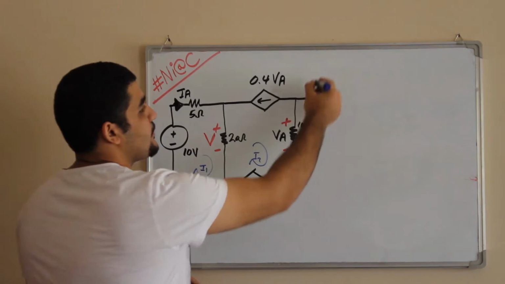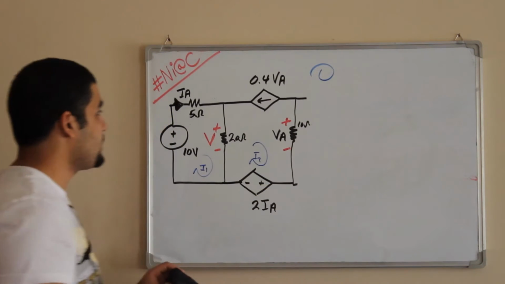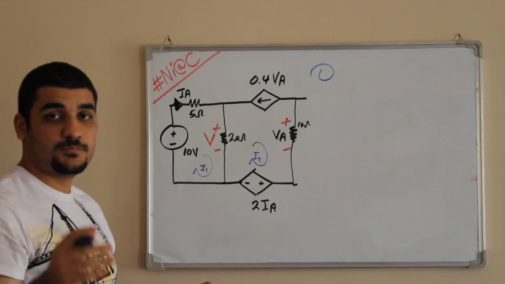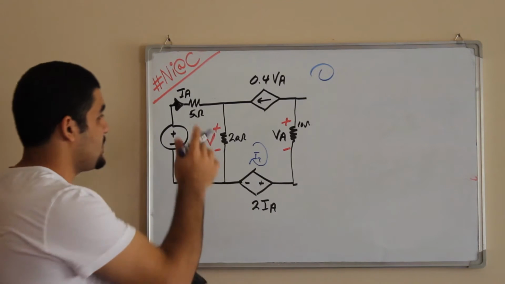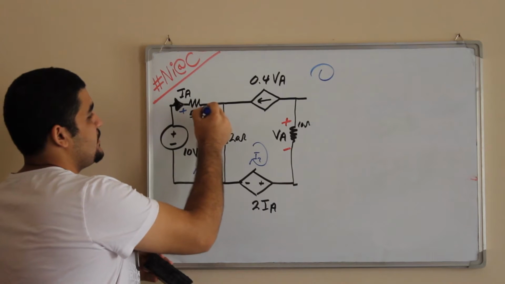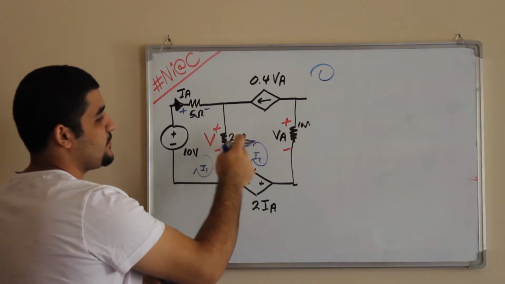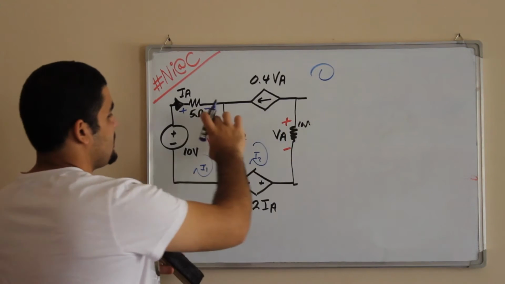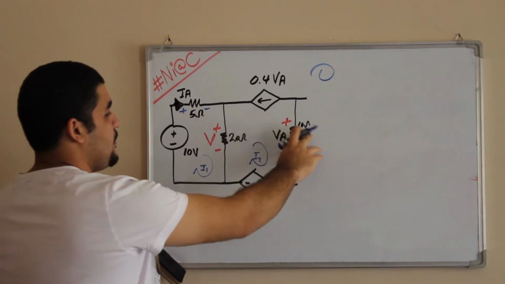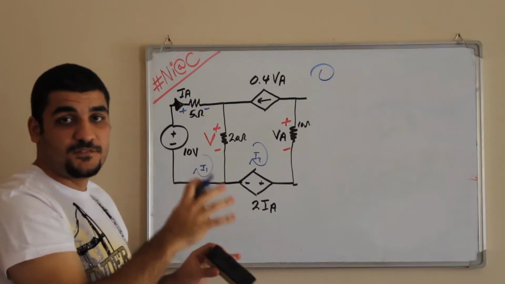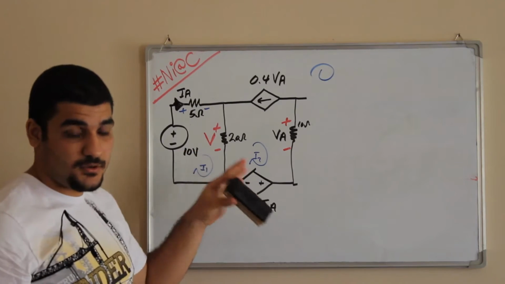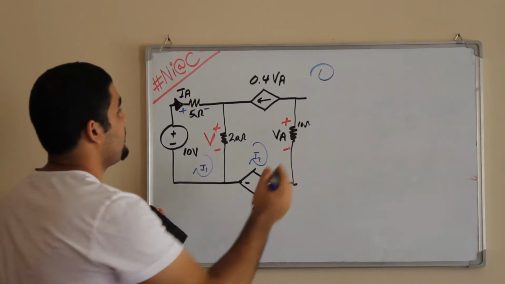Okay. So writing the KVL equations, but before that you have to put the signs on the resistors. So here plus, minus, this guy has greater value than this one. These two resistors, the 10 ohm and the 20 ohm, have fixed signs.